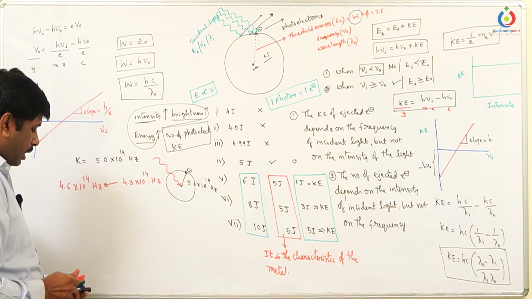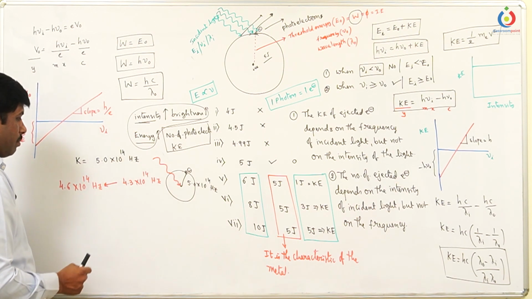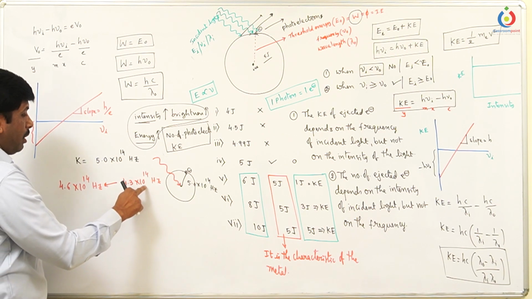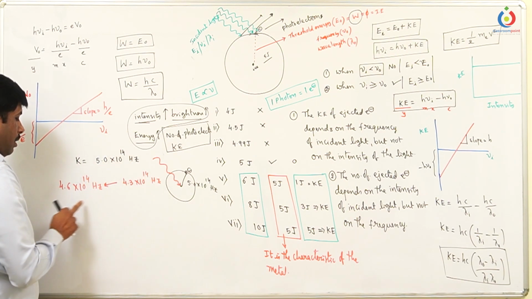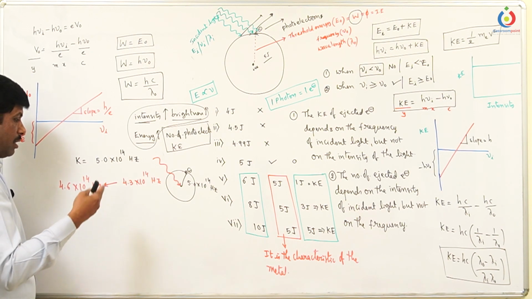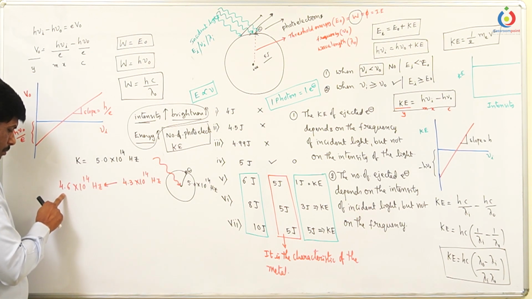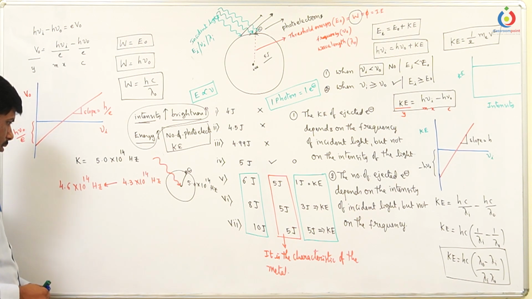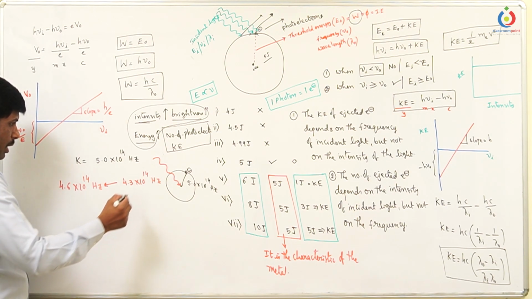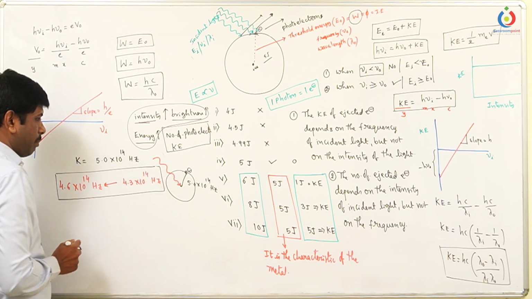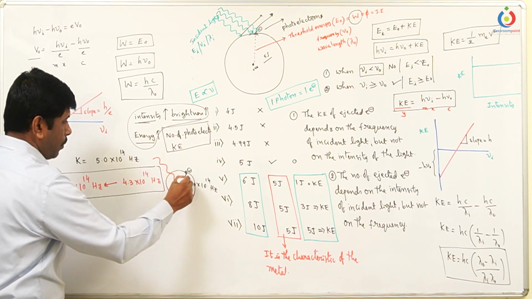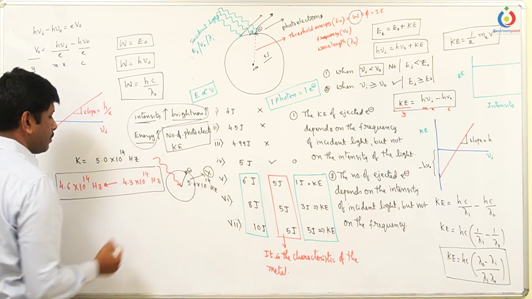That means when red light is dull in color, its frequency is 4.3 into 10 power 14 hertz. When brightness increases, its redness also increases, so its frequency is 4.6 into 10 power 14 hertz. So with any red light, even at the highest brightness of the red light, no photoelectrons are observed.